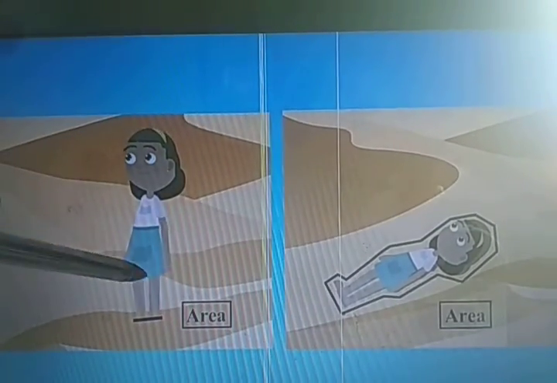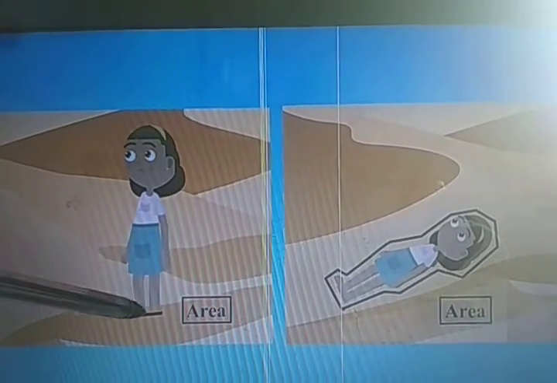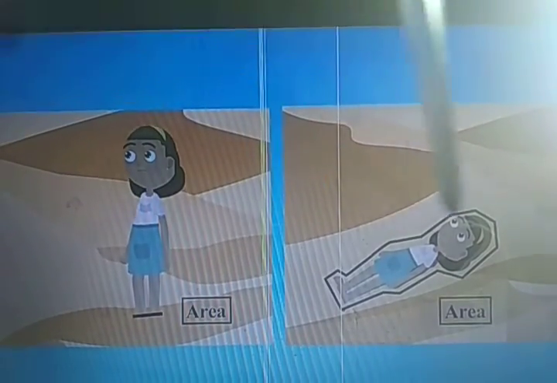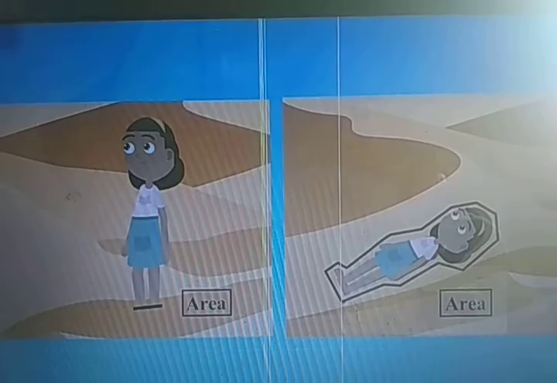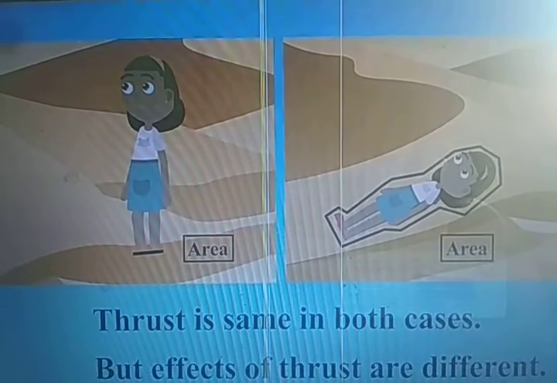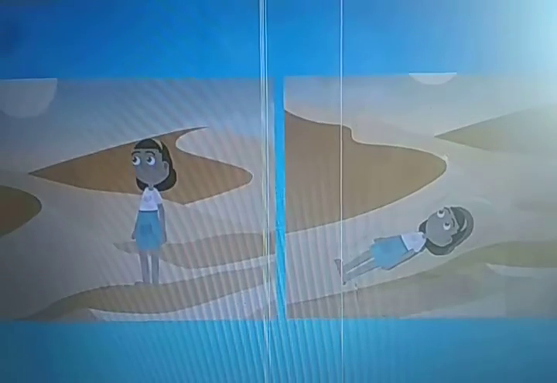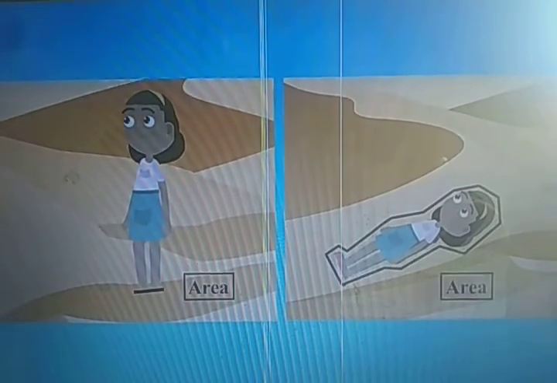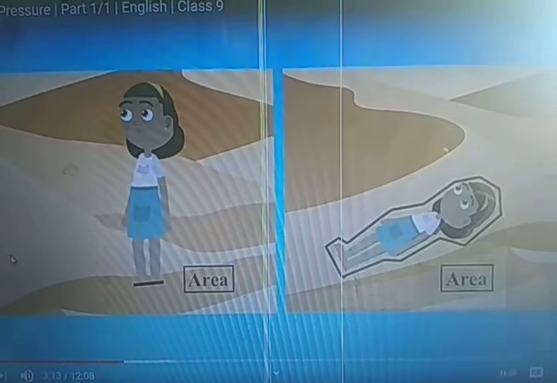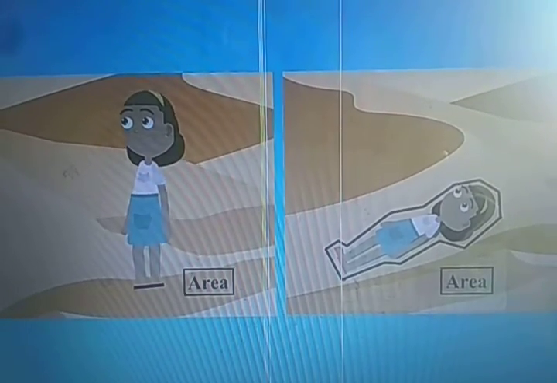The area which is small goes deeper into the sand, and the area which is big does not sink. In spite of that, the thrust is the same in both cases, but the effects are different. Same force, same thrust, but the effect is different.